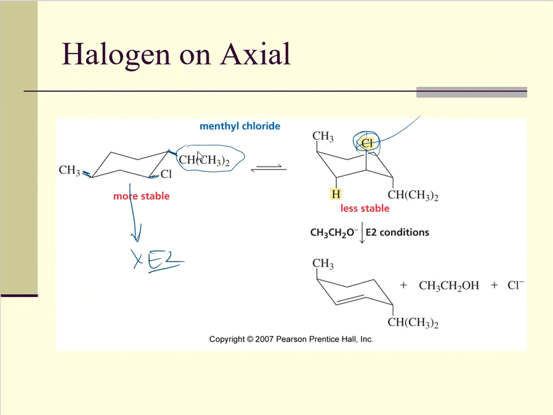Now, granted, I know ring flip happens back and forth, but elimination is only going to go forward if these halogens are in the axial position. And a ring flip can fix that problem. But if they give me a structure like this and says, what's the elimination product, I'm going to assume that they want me to say no reaction because it's more stable. But if it flips and the halogen is now axial, an elimination reaction can go forward.